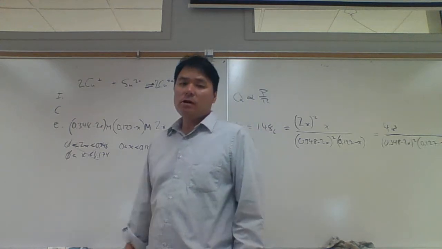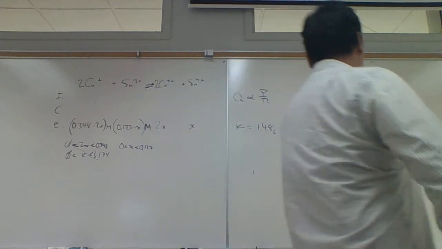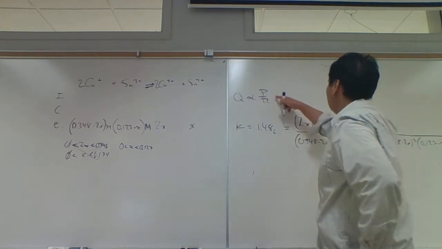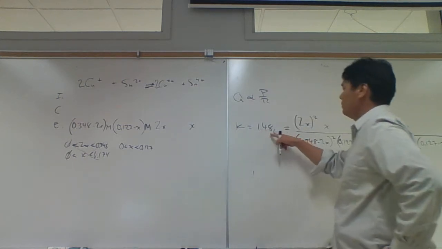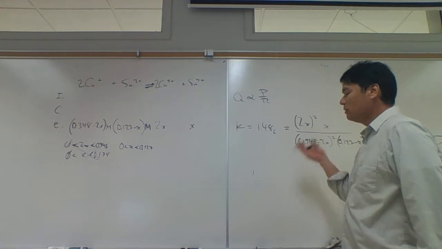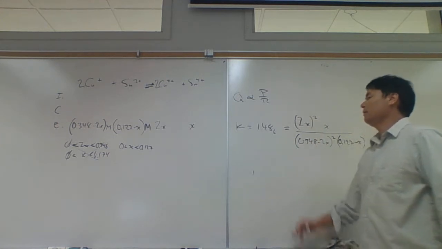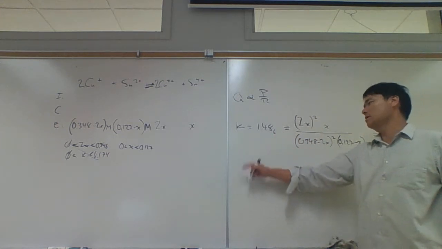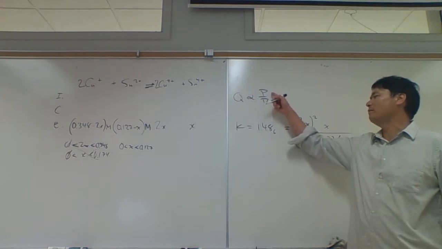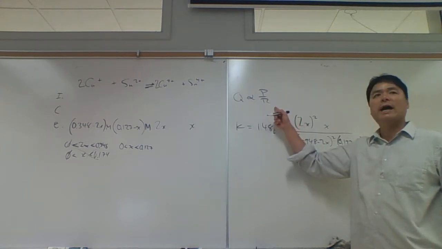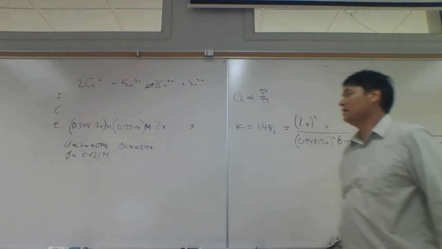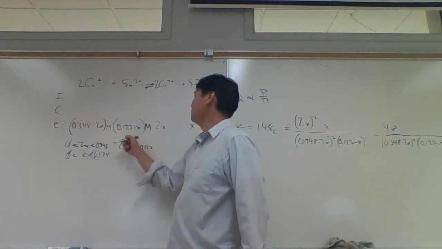Now, when I look at this, I look at the ratio. You know, k, the ratio is 1.48. And one way of thinking about it is, if I just oversimplify this, I think 1.5 parts product for every 1 part reactant.